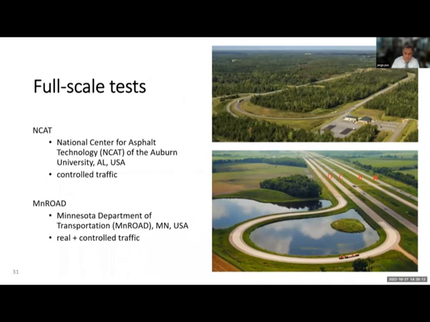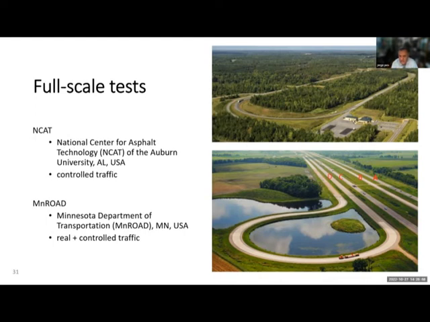But at present, we also have full-scale tests, and these are two important ones: one from the National Center for Asphalt Technology of Auburn University, and the most important one for me is from the Minnesota Department of Transportation, MnROAD. That's where we can simulate real traffic and controlled traffic.